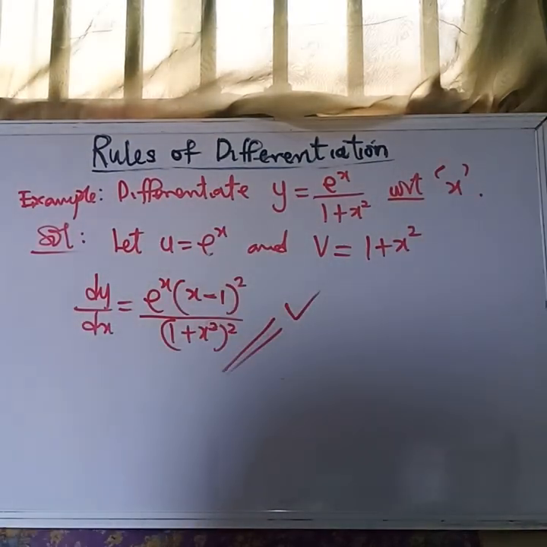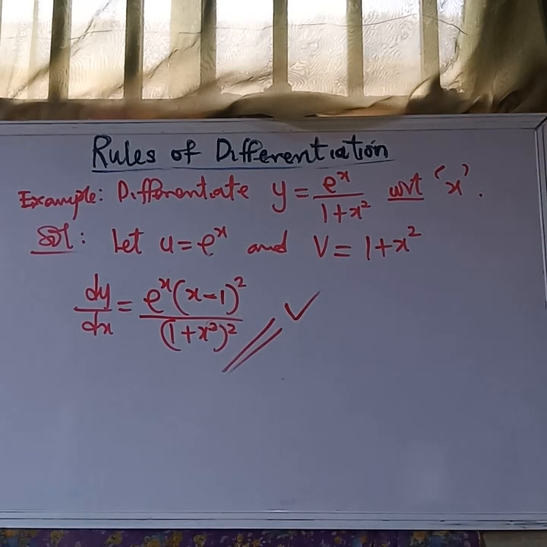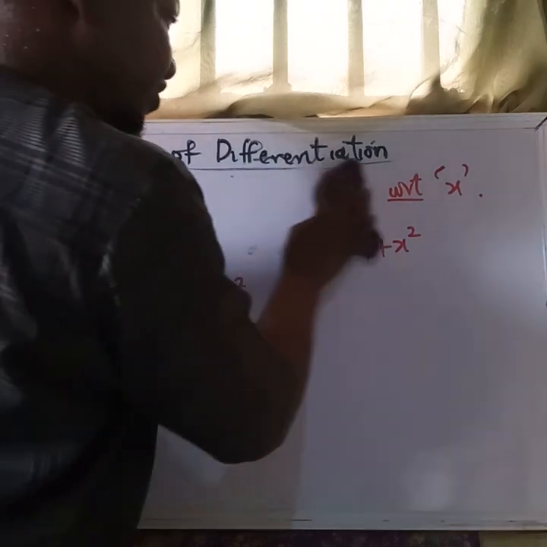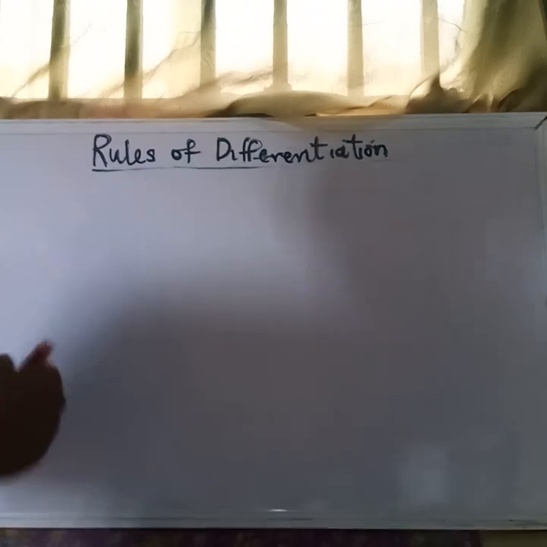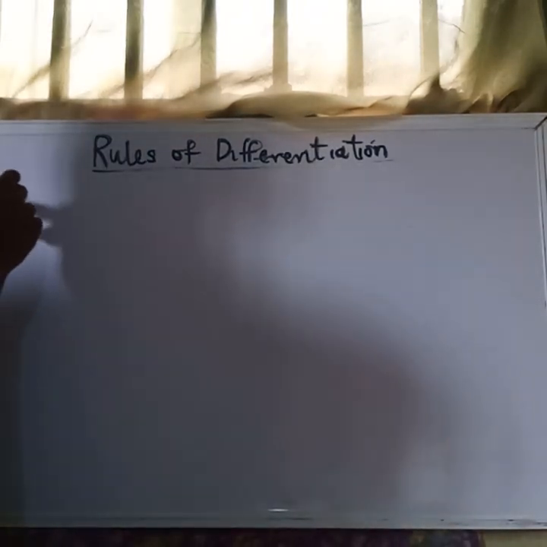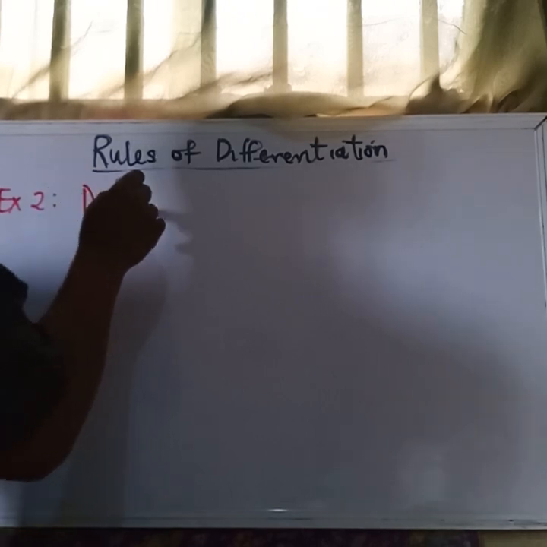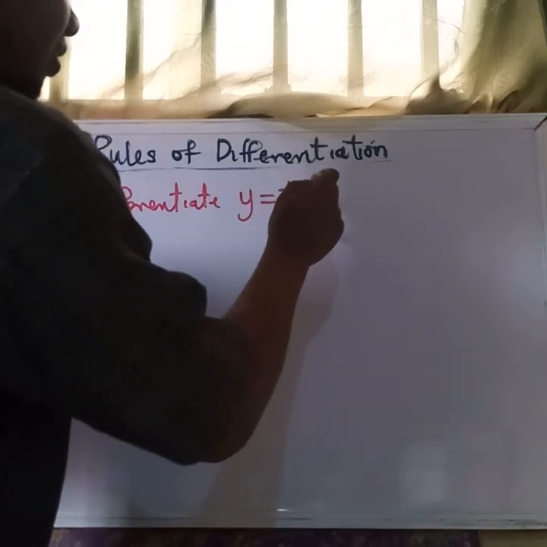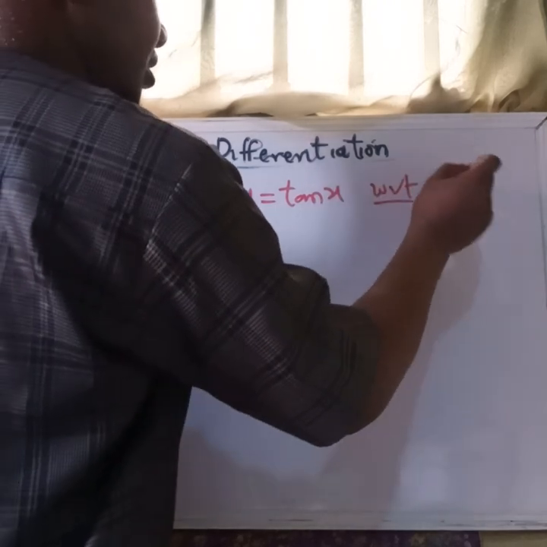Let's see another example, but this time let's look at a function under the trigonometric identities. One such function is the function y equal to tan x with respect to the argument x.